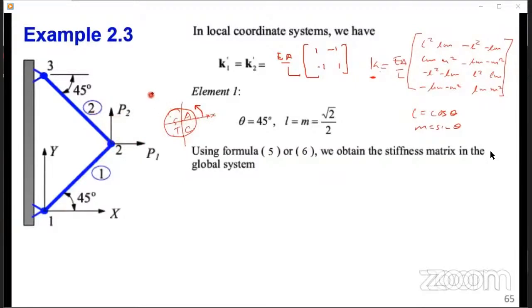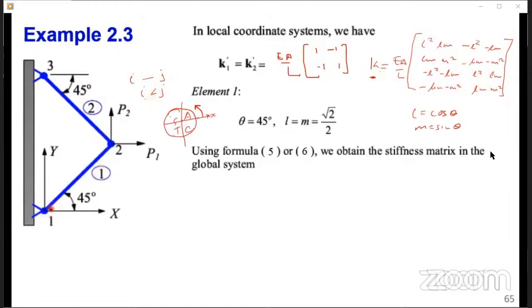Now, number two, we measure our angles from node i. We go from node i to node j, where i is less than j, i is the smaller node. So if you're talking of an element with nodes 1, 2, or with nodes 5, 6, you can't start reading your angle from node 6 coming to 5.